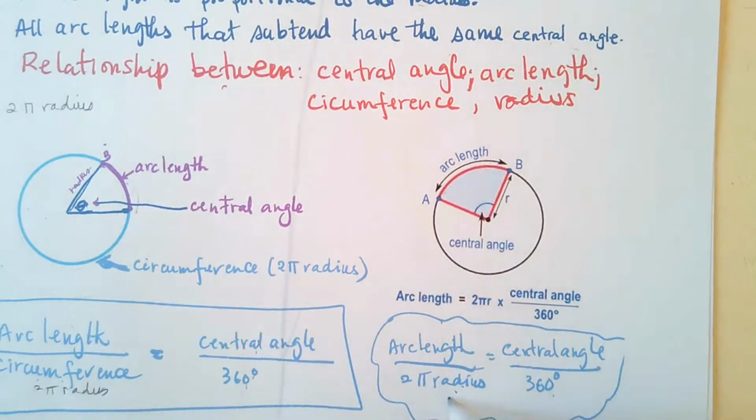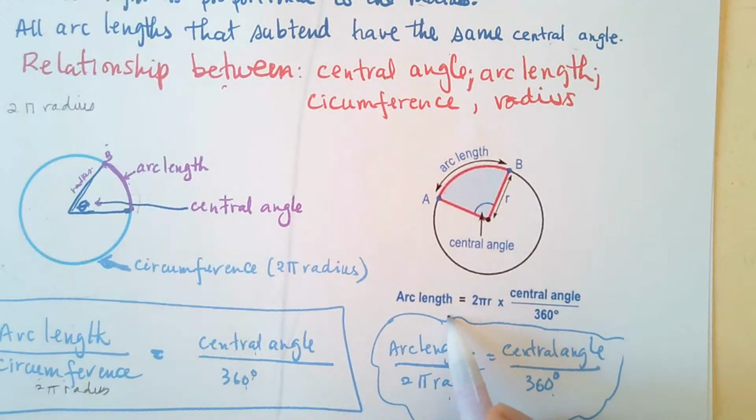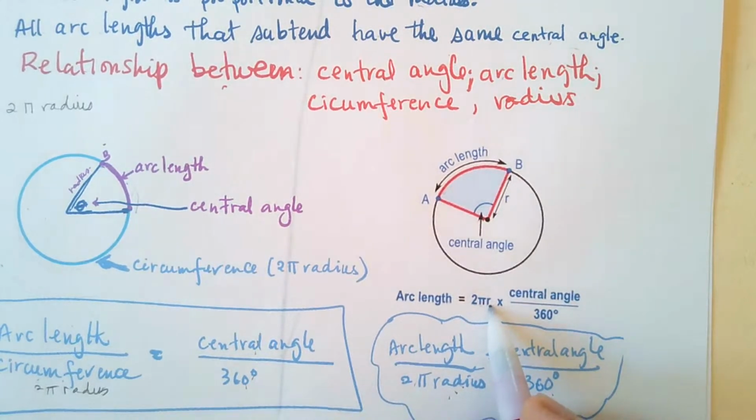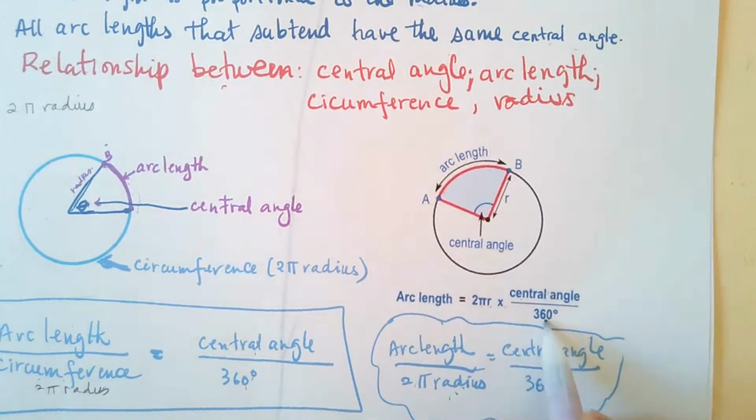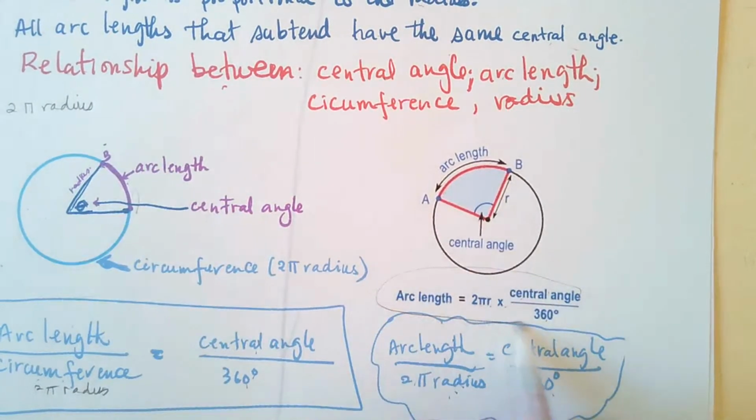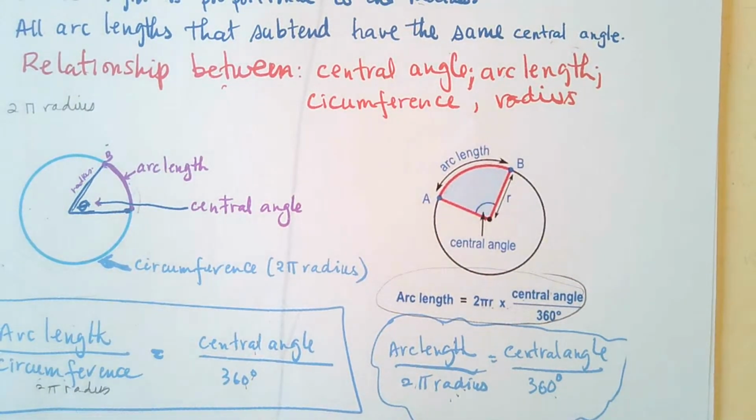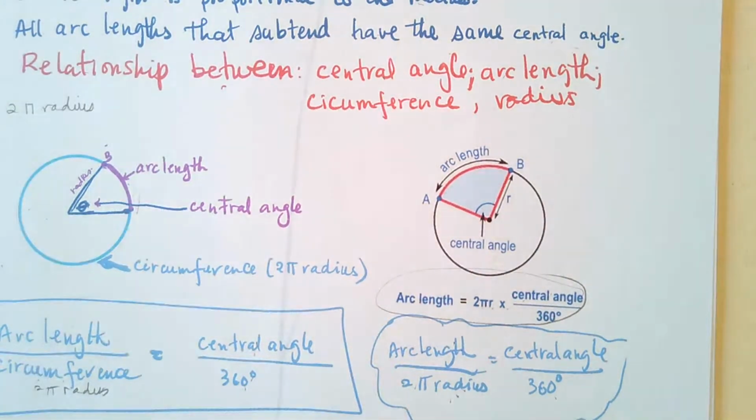So arc length, we can rearrange that, is equal to 2 pi times the radius multiplied by the central angle divided by 360. So this will be the formula for calculating the arc length of a circle.